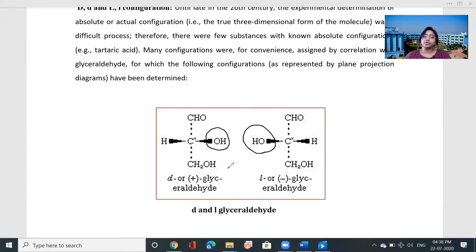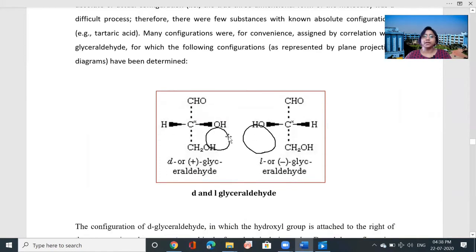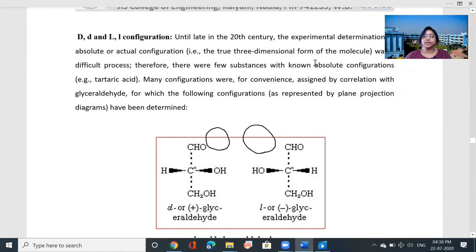If the OH group is at the right side, that is D-glyceraldehyde. If the OH group is at the left side, that is called L-glyceraldehyde. In this way, we can understand from the representation which one is D and which one is L.